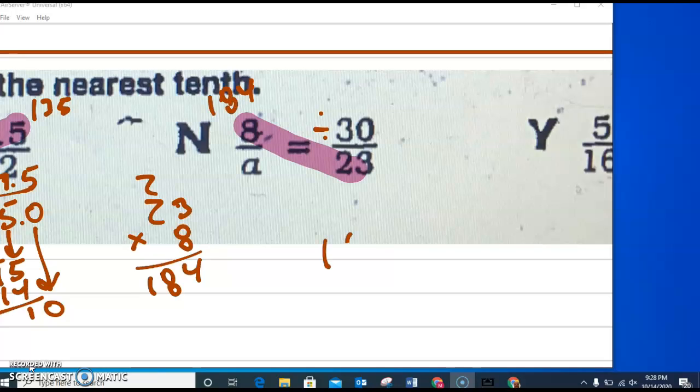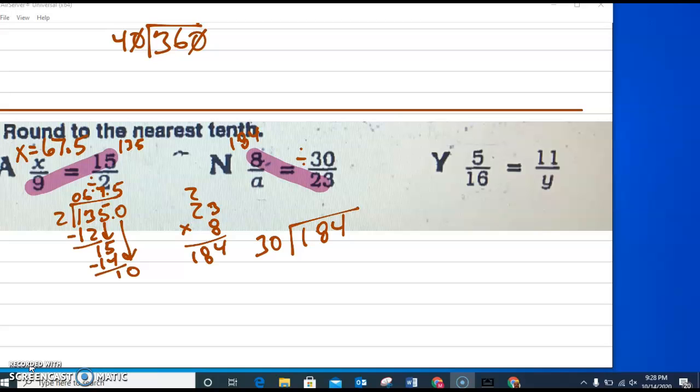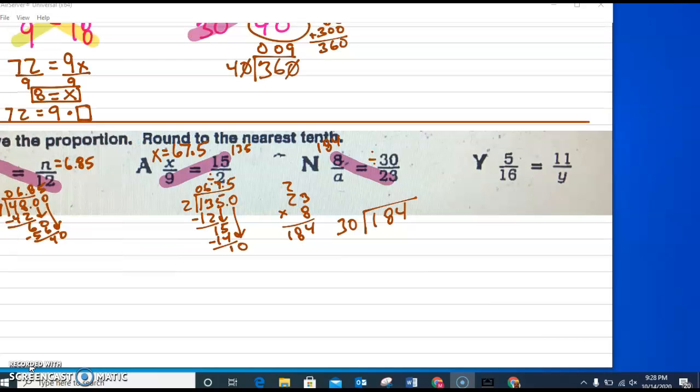So now we have to do 184 divided by 30. You are going to have to finish this on your own. Okay. Letter Y. Multiply what you can. Divide by that third number. Okay, so you have 16 times 11, and then just divide that by 5.